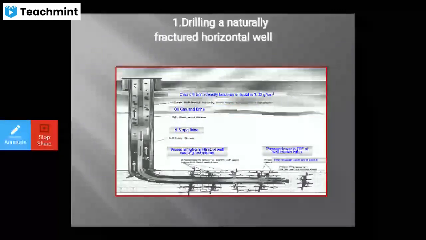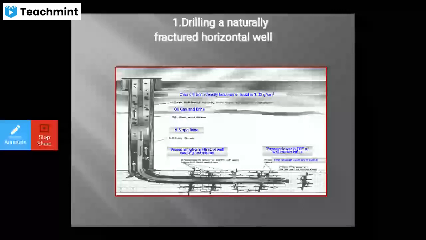So you will see the oil and gas brine, and the brine density is less than or equal to 1.02 grams per cubic meter, and the pressure in heel of the well causes a lot of loss of returns, and pressure in lower toe of the well causes the influx. And here the pore pressure is equal to 3030 psi at 6234 feet. So these are the specifications which I have described now. So it is a naturally fractured horizontal well.